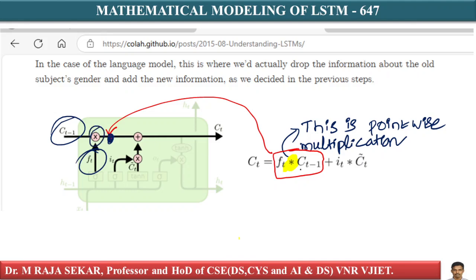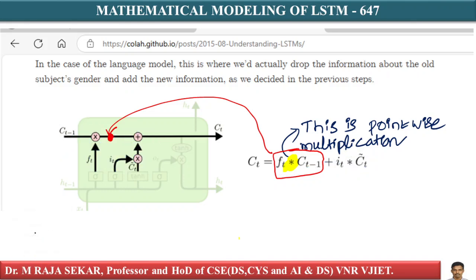This is pointwise multiplication, that's what I am writing, ft star ct minus 1, plus this portion, and I have also ct tilde here. This is pointwise multiplication, and in between, what is this? Addition. Therefore here I am writing addition.